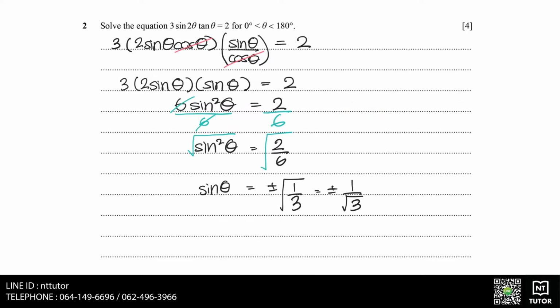This means that we can find theta for sine theta equals 1 over root 3 and sine theta equals minus 1 over root 3. So we have to do the inverse sine twice.